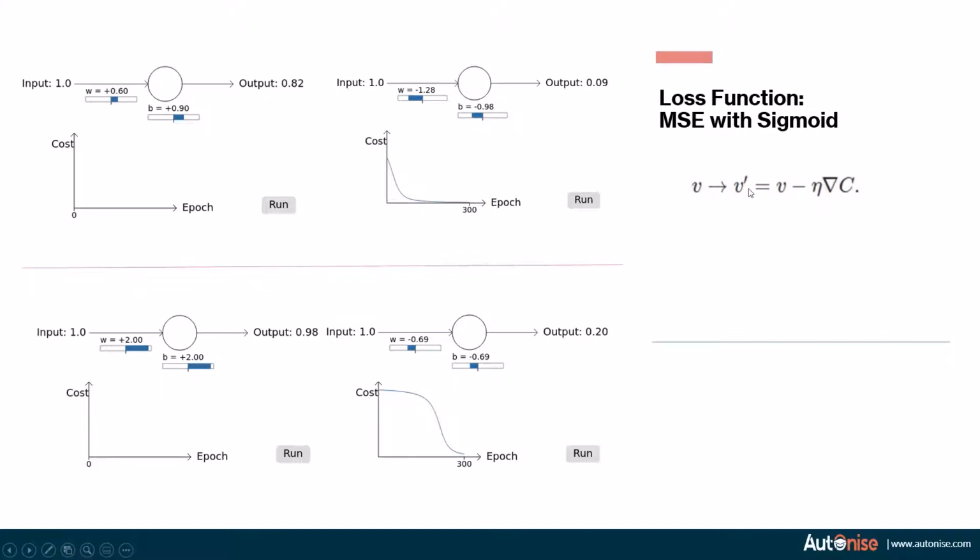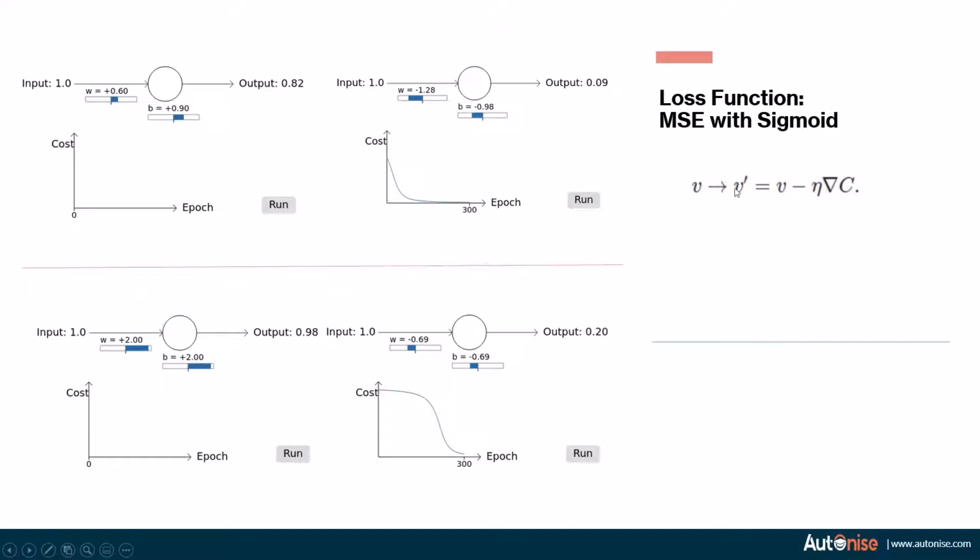What it means is that the new weight is equal to the previous weight minus a small step in the direction opposite to the direction of the gradient. So now over here we can see that as the cost did not decrease initially, the reason must have been that the weights did not change initially. So if the weights do not change, then the cost function would remain the same.